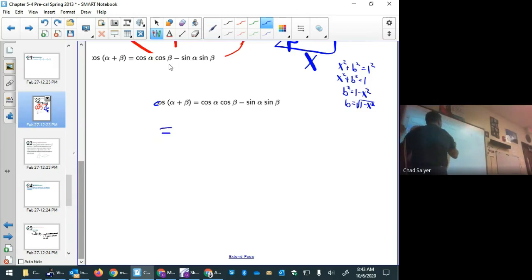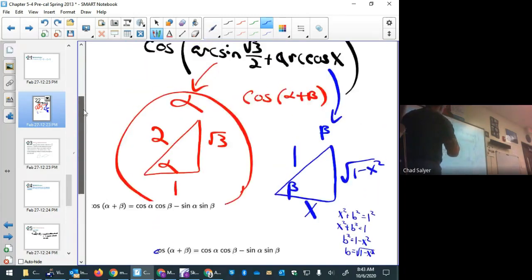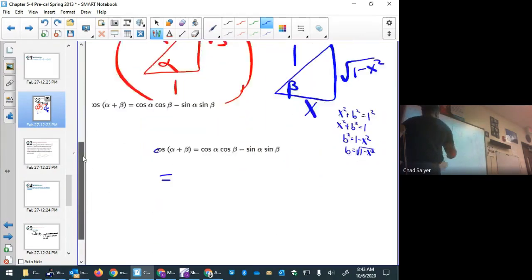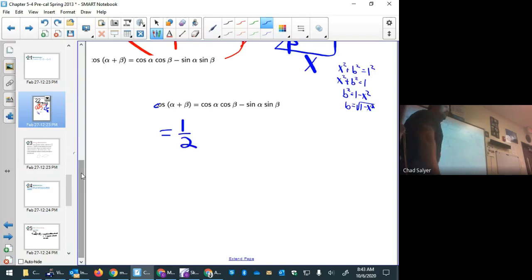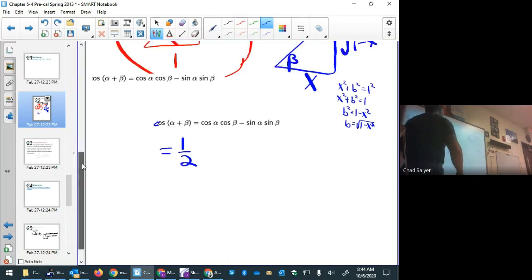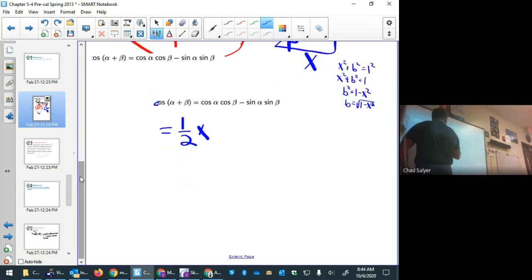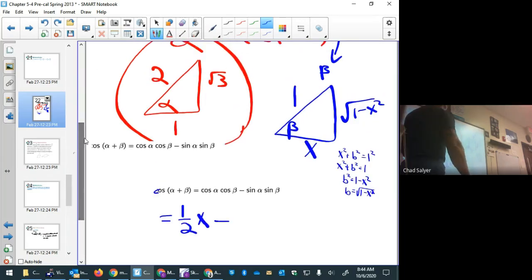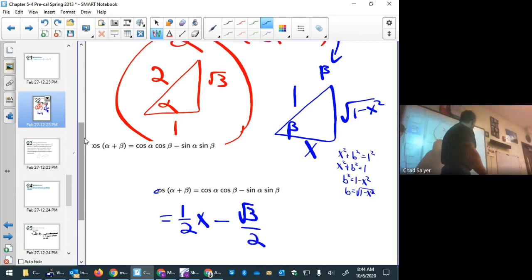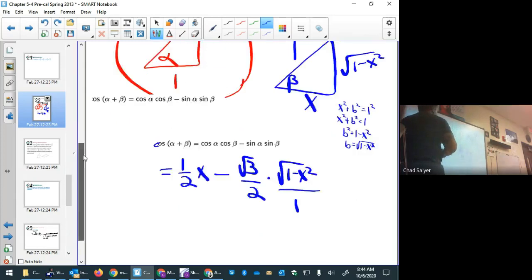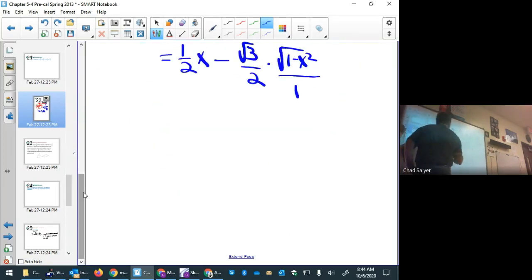We want cosine alpha. I'll look up here at alpha. The cosine, adjacent to hypotenuse, is 1/2. The cosine of beta: if I look here at beta, the cosine is x to 1, or just x, minus sine alpha, opposite over hypotenuse, radical 3 over 2. And then sine beta, opposite over hypotenuse, like that. So we just simplify this expression.